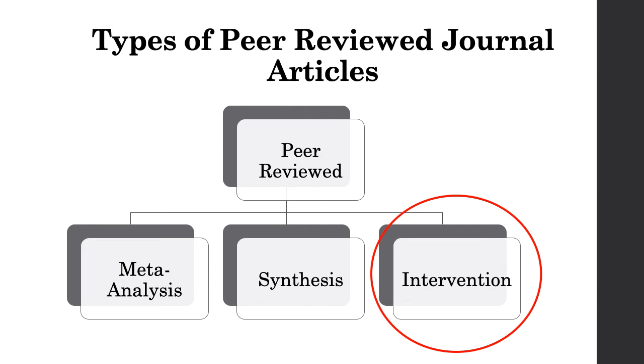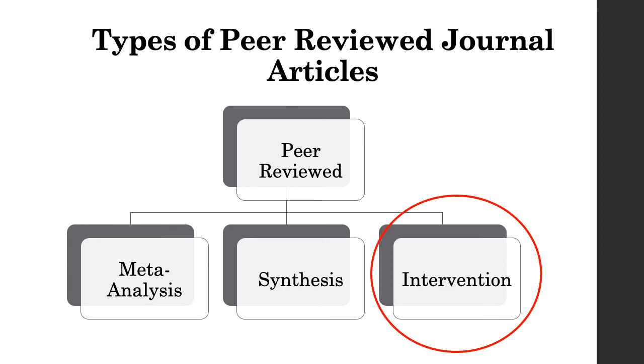So we know there's two types of journal articles, practitioner or the peer-reviewed journal articles. Under peer review, there's also three types. So a meta-analysis, which is usually combining a whole lot of research studies about particularly one intervention or strategy, and then using a whole bunch of stats to figure out if that strategy is actually effective, and you can generalize those results.